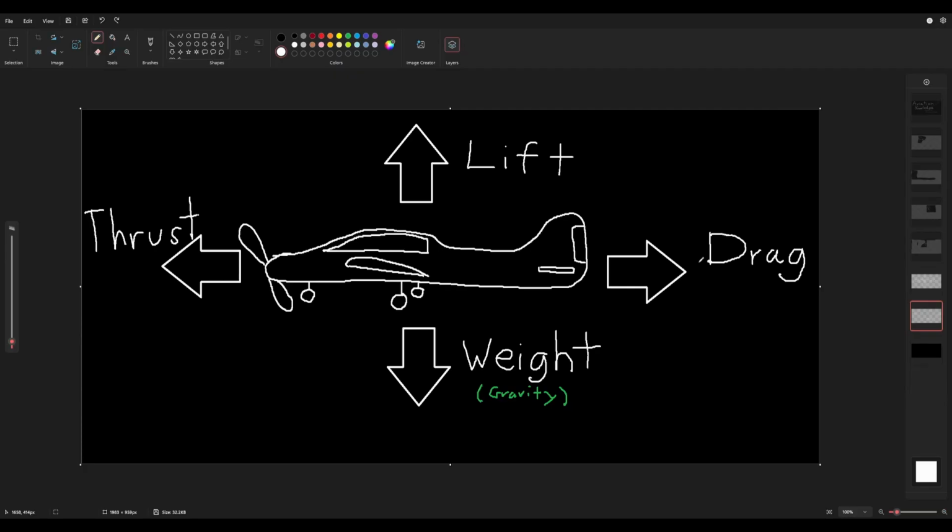The last thing I want to cover on these four forces is a term we call unaccelerated straight and level flight. I'll try and spell that here for you. Straight and level flight.